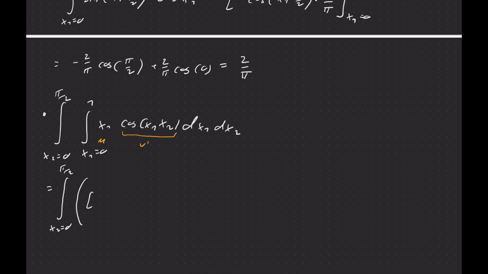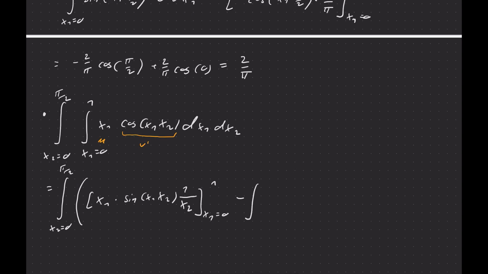Now, first step is we get u times v, so this is x1 times, and now the integral of that cosine expression, we know that already. The integral of that cosine expression is the sine of x1 x2. We integrate with respect to x1, so we have to divide that by x2 to get the right value. Okay, so that's for x1 from 0 to 1.